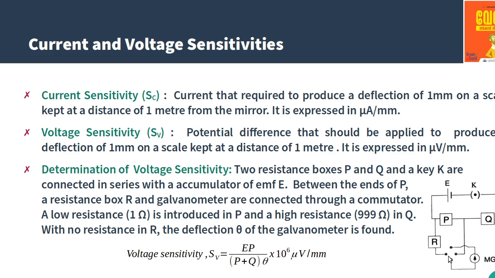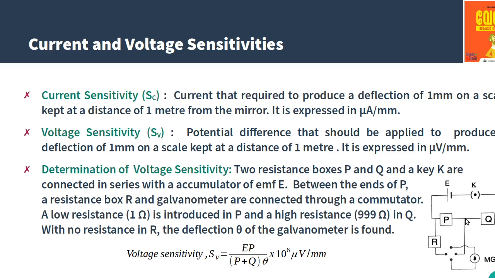We have the same arrangement here: two resistance boxes, P and Q, connected to an accumulator, that is, a battery of higher voltage with EMF E, and there is a key K. Between the ends of P, the potential difference across P is fed to the moving coil galvanometer.